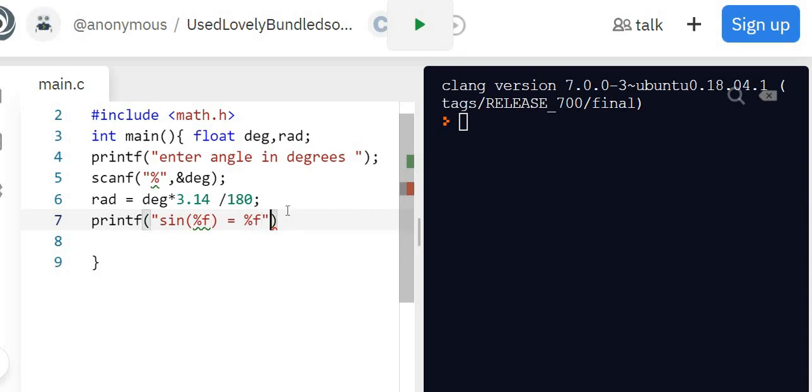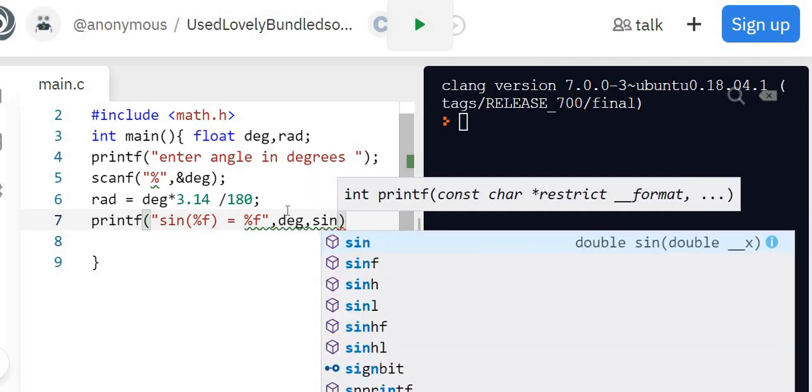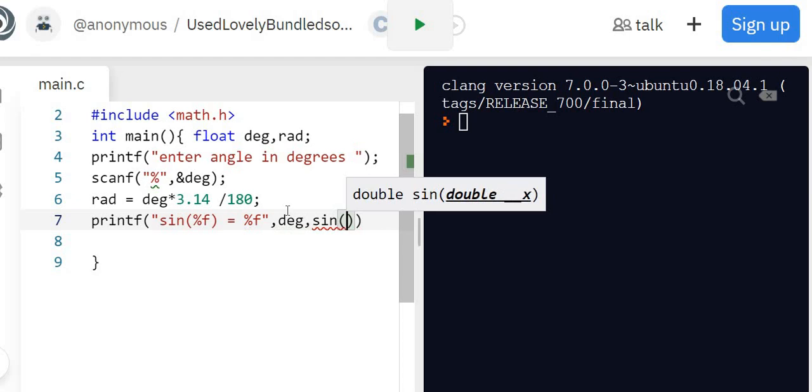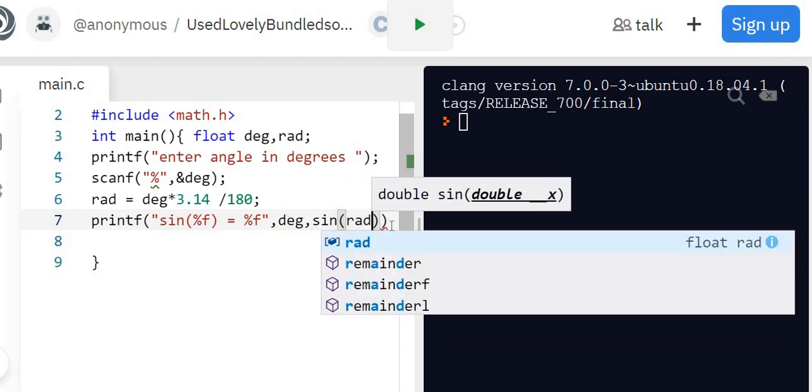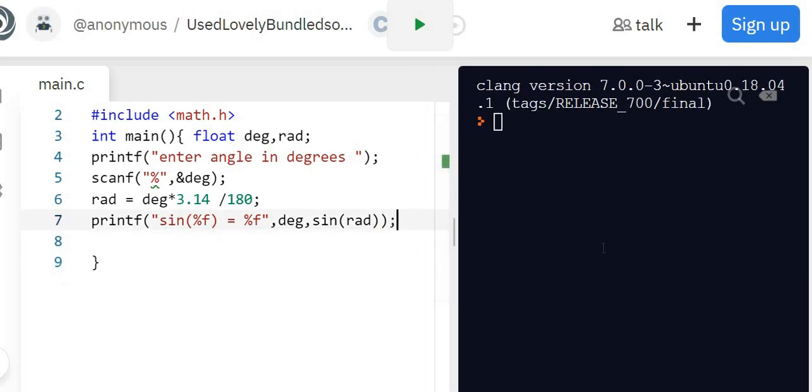So here we should provide the angle in degrees and the sine of the angle in radians. Okay, so let's see the output, what it comes. So suppose the user enters 30, then sine 30.00 will be equal to whatever is the answer, that will be displayed here. Let's check.